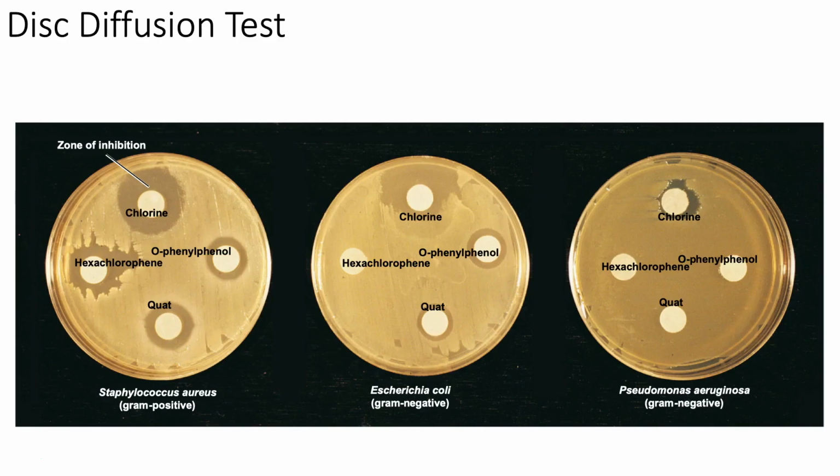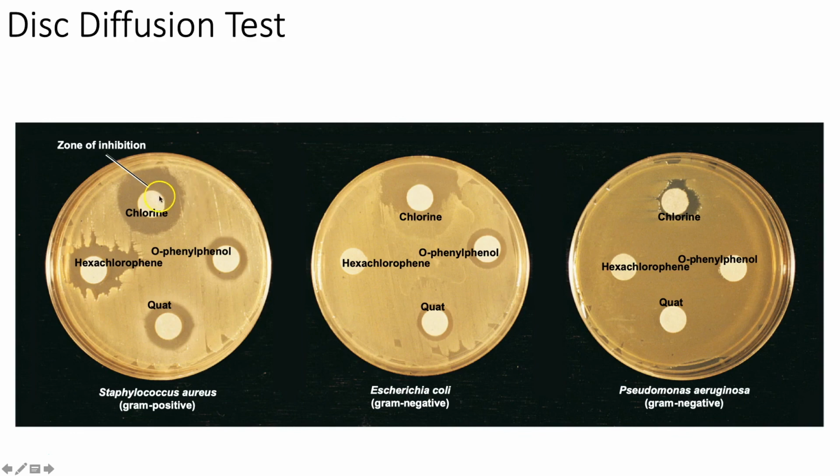So if you wanted to study how effective an antibiotic is at killing something, then you might do something with a little paper disc, and you soak that paper disc in whatever you're trying to use. So in this case, you've got bleach, you've got your quat down here, you've got a phenol, and then you put it on a plate covered in bacteria, and you see how far the bacteria actually get.